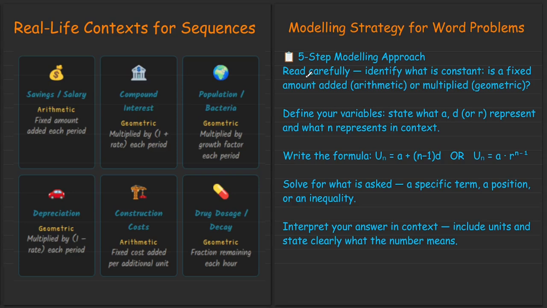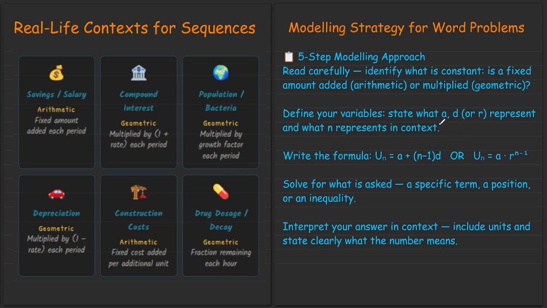You have to read carefully to be able to identify what is a constant, what is the fixed amount that is being added, or what is the fixed amount that is being multiplied. This then gives you an idea as to whether it is arithmetic or geometric.